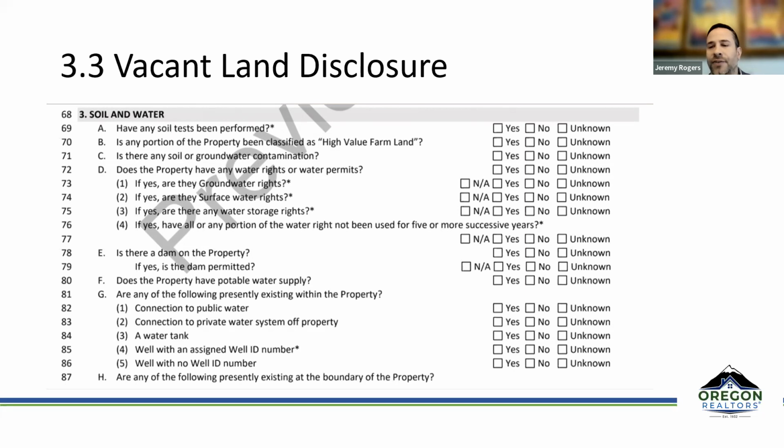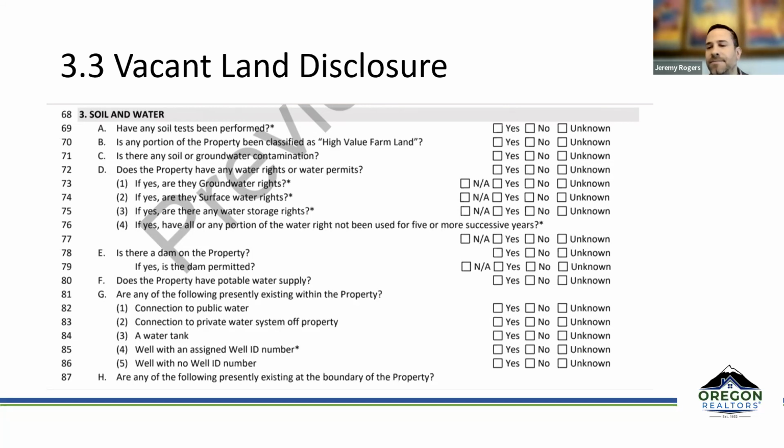Now on wells, as I mentioned before, we have our well addendum. You're also able to use that addendum to create additional rights for the buyer in terms of termination and inspection. And we can talk more about wells later because a question often comes up about whether for a vacant land property, is the seller required to do the tests for the well and report those to the state?